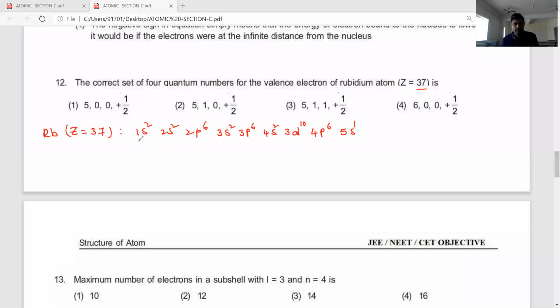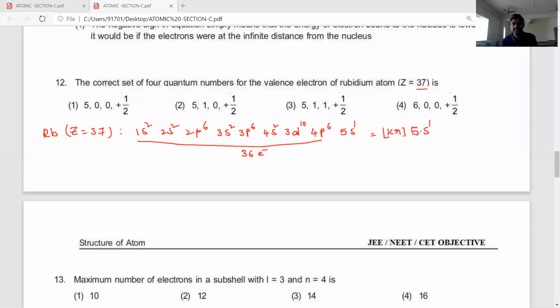Up to this, the total number of electrons is 36, so we can write this electronic configuration as krypton 5s1. This is the electronic configuration of Z equal to 37; 37 electrons are distributed like this.